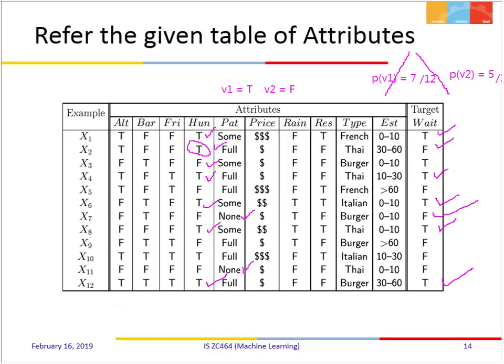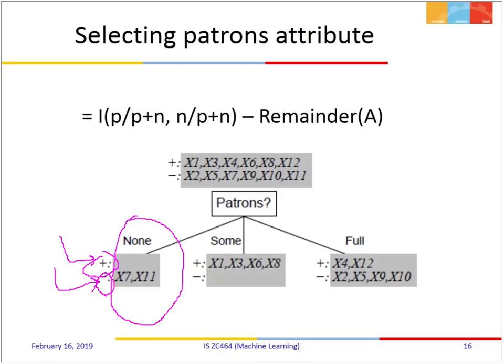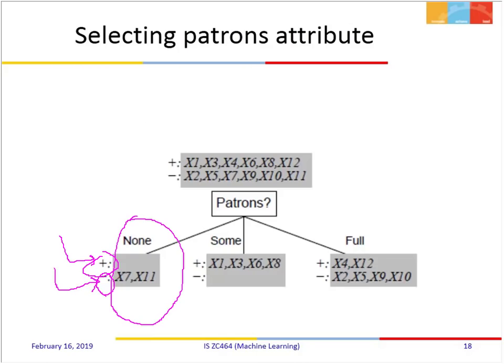So both ways, the none value has given a false value of the target wait for the X7 and X11 observations. So I have put them in the negative class, but there is no sample contributing from the none value to the positive class of the target wait. So this sign represents the target, and these are all their values.